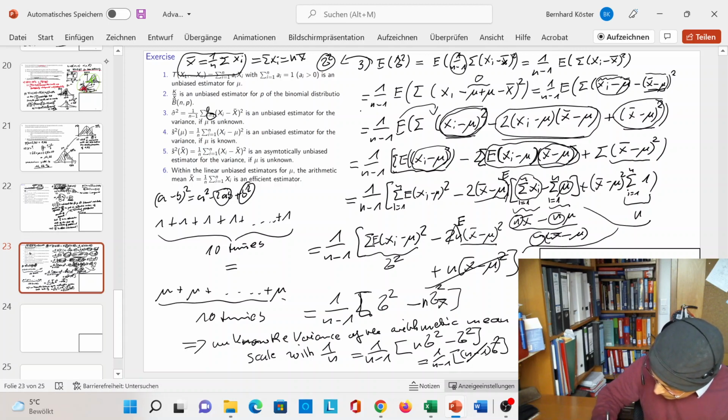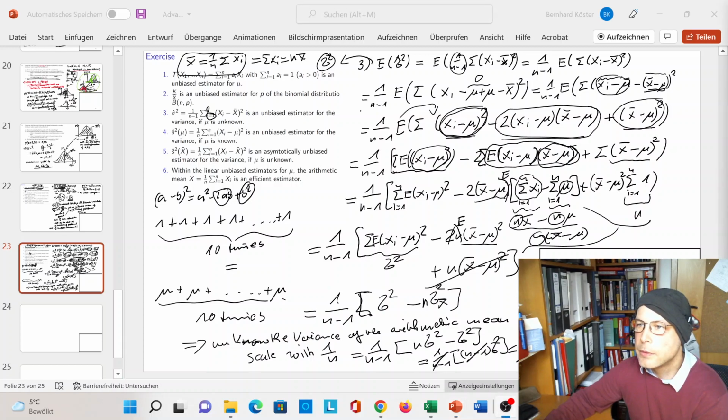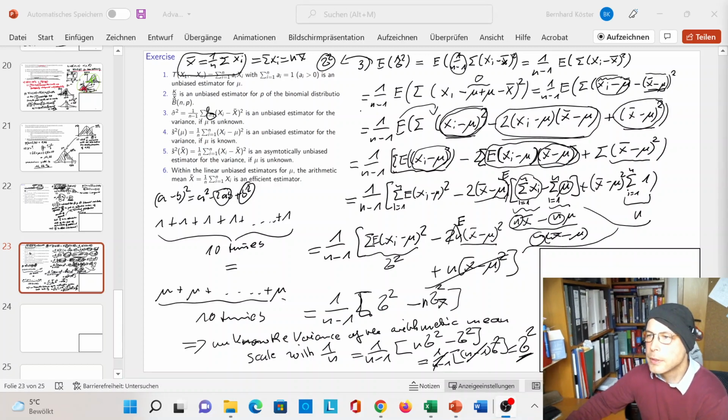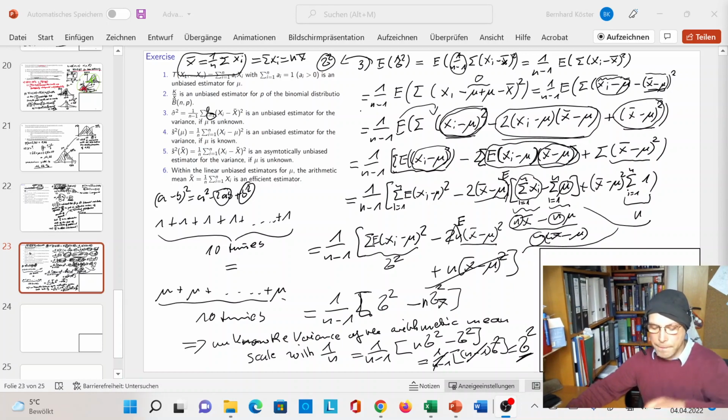This cancels out and we obtain our result of sigma squared. So this, then I have to put a bit smaller. But of course, you also obtain the slides.